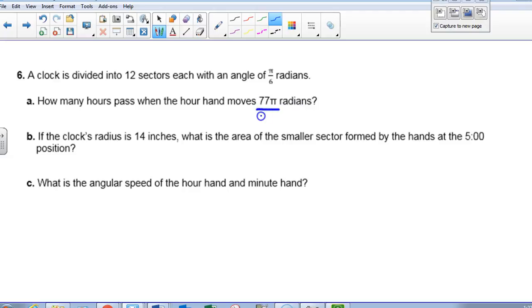So if we divide this by 2 pi, what do we get? 38.5. Okay. How many hours is that? This is times around, but how many times did it go around? It goes around 1 revolution every 12 hours, right? So that's 462 hours. Okay.